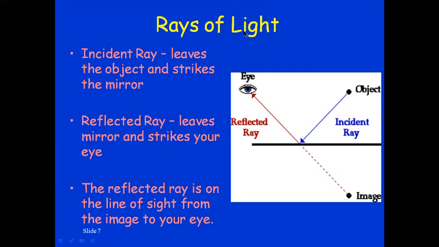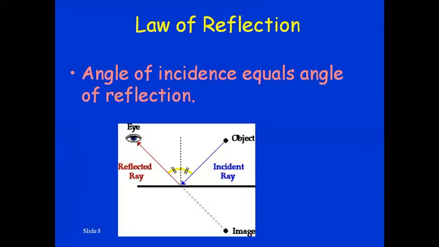The ray coming from the object to the mirror is called the incident ray, and when it bounces back to the eye, it is called the reflected ray. Then the image is formed on the other side of the plane mirror. We will discuss in the upcoming slides how we can locate this image on the other side of the mirror.